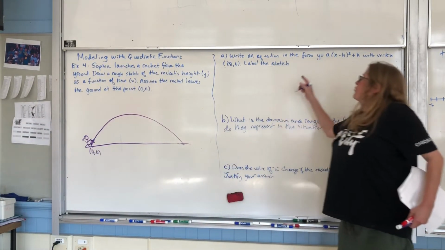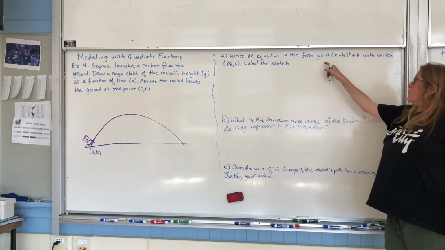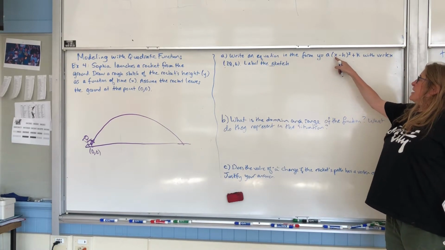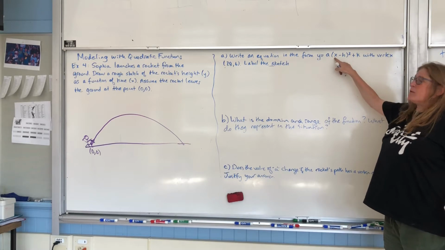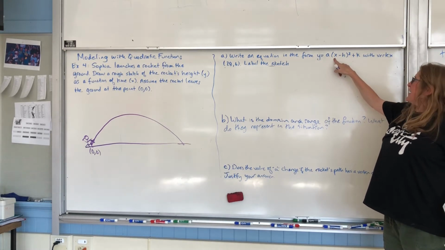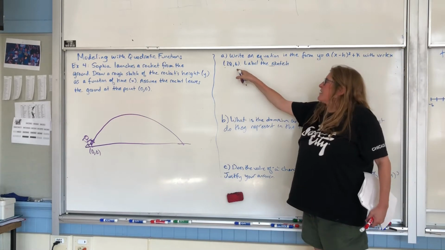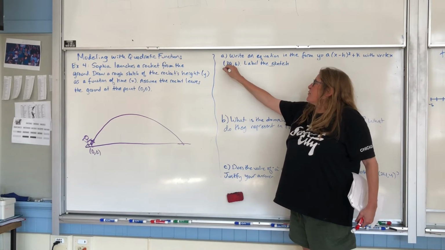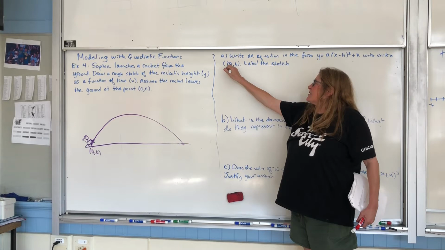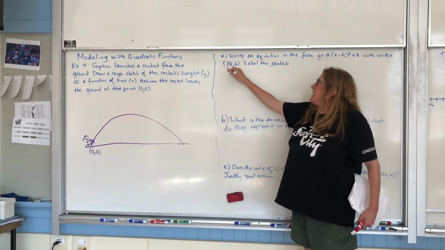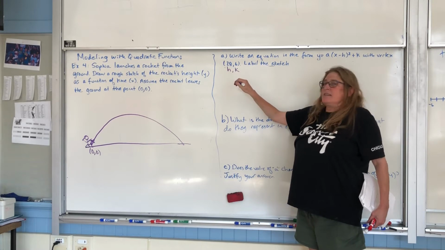They tell us here to write an equation in the form y equals a times x minus h squared plus k. Notice what's missing here is b, right guys? So they're telling us the vertex is at 28, 6. So another thing they're telling us, if they tell us the vertex is 28, 6, is that h, k is the vertex.